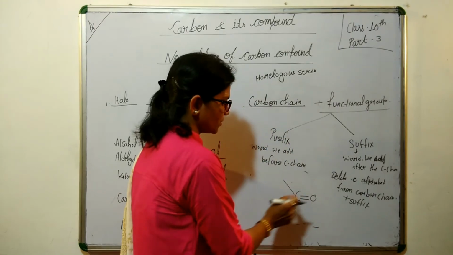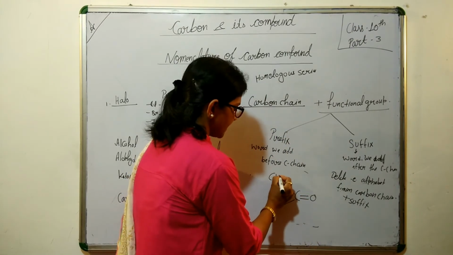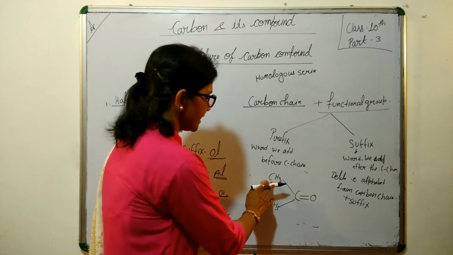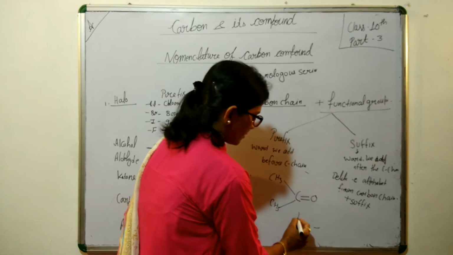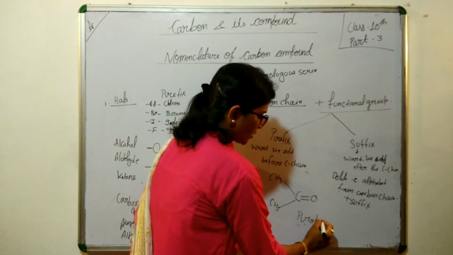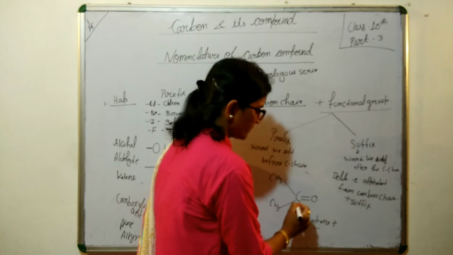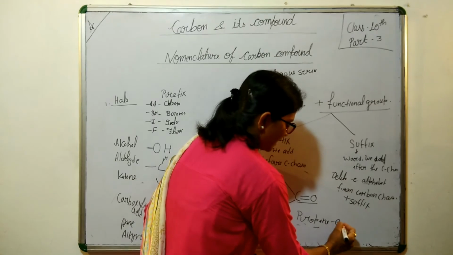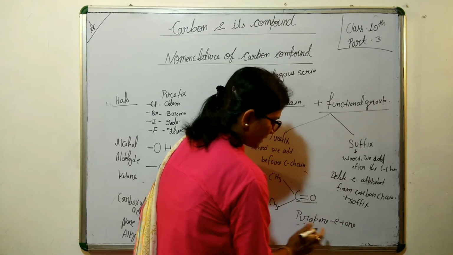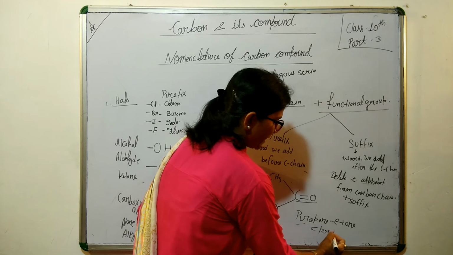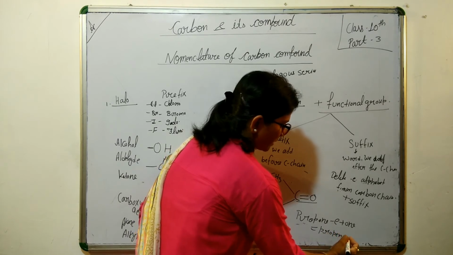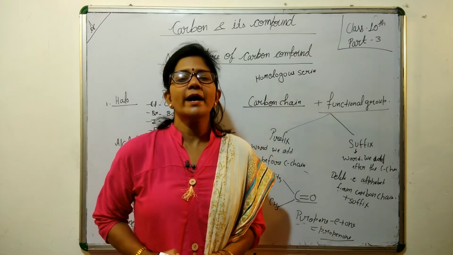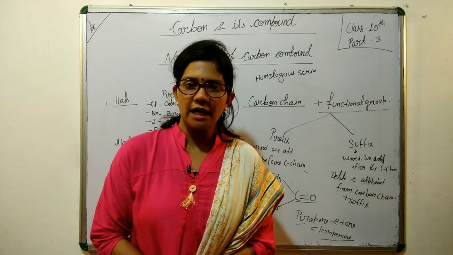Here we are supposed to add, if it is CH3 CO CH3, then you will see it is 1 2 3, propane plus ketone, one group, so minus E plus one, then you will get propanone. Clear? In this way we will provide the scientific name to the carbon compound.